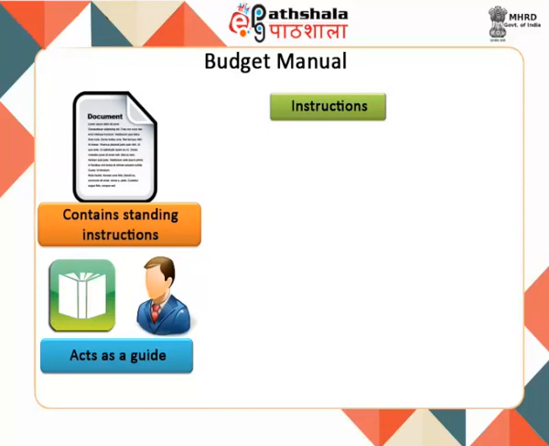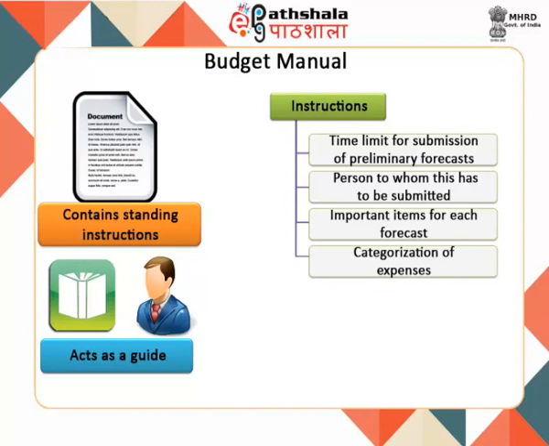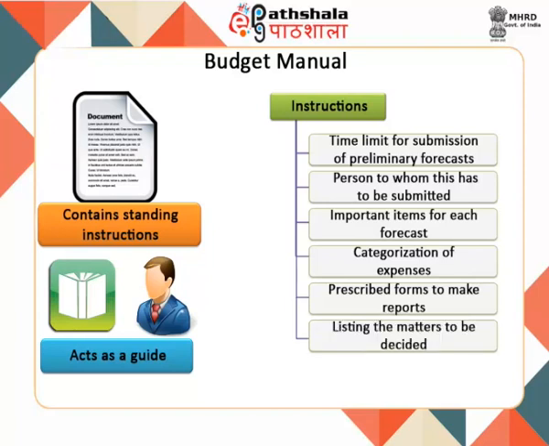The budget manual provides instructions such as time limit for submission of preliminary forecasts, person to whom this has to be submitted, important items for each forecast, categorization of expenses, prescribed forms to make reports, listing the matters to be decided only with the approvals of the top level management, etc.